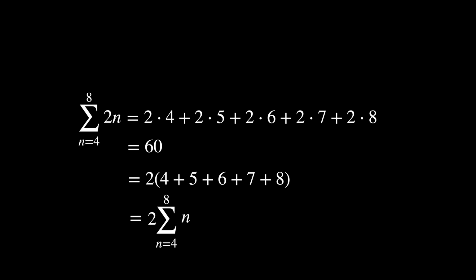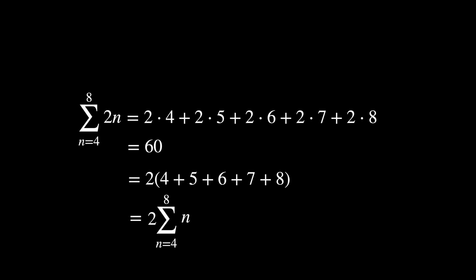So that 4 plus 5 plus 6 plus 7 is what you would get from that sigma notation. What it means is that because the 2 isn't being affected by what happens to the n, we can factor the 2 out of the whole thing, because it's really just a way of saying we're adding a whole lot together. So that's back like we were doing before in another video, where it's simpler.